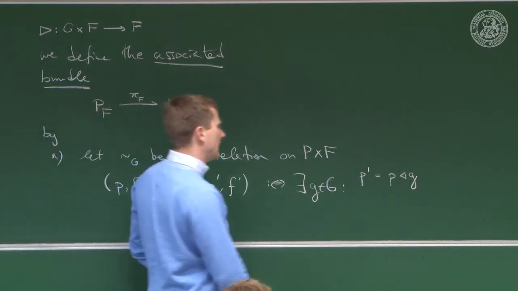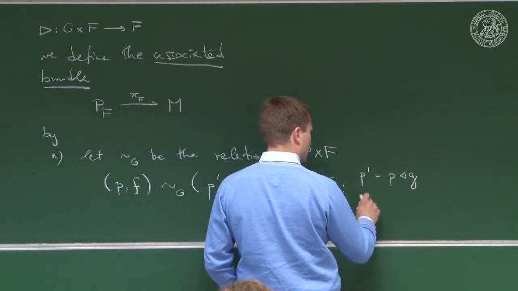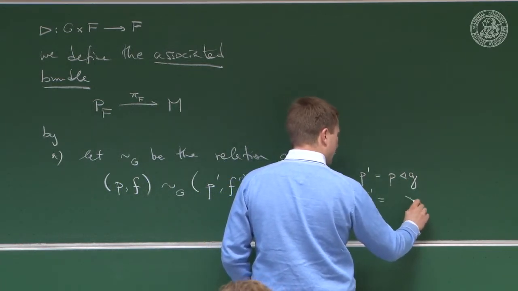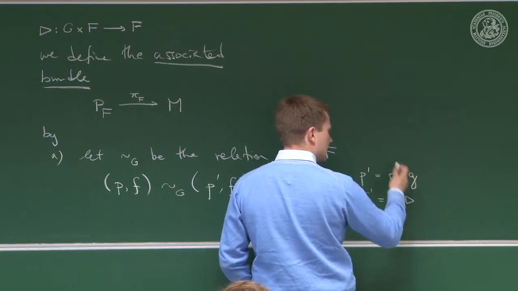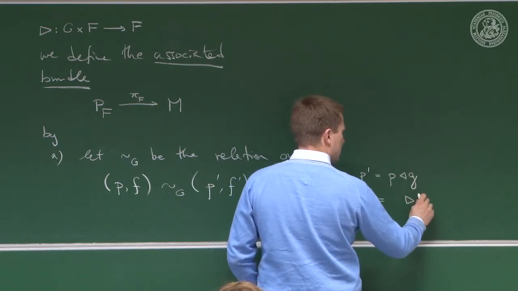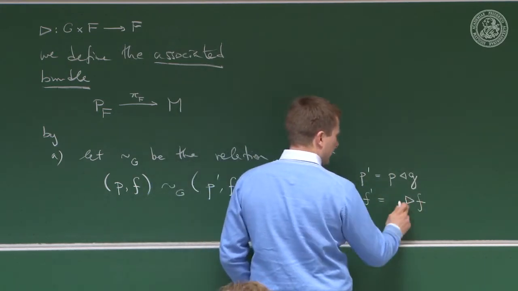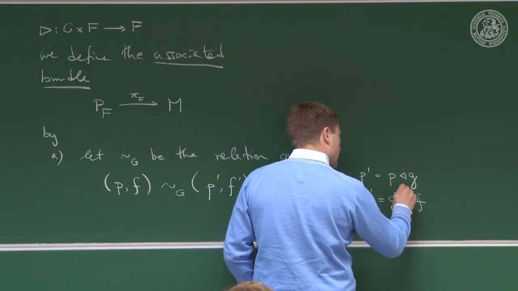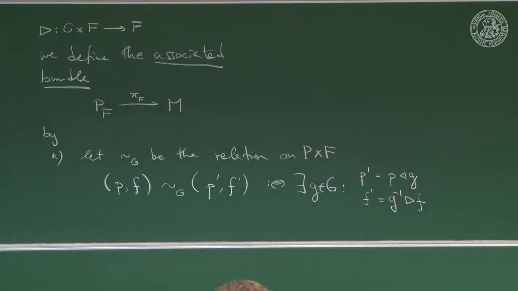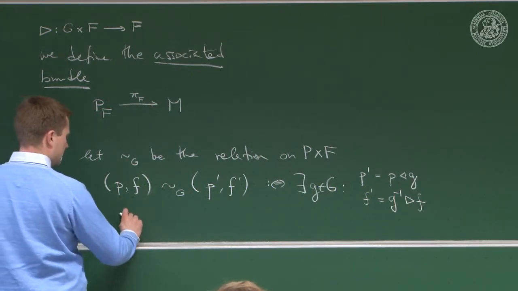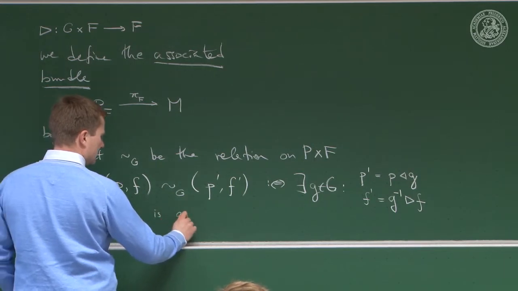Well, that's all we have. We have a right action on the big bundle space. And for f', however, we have a left action, so that goes the other direction. It's another map, acting on an element in this manifold F. But now we require that it's g inverse acting on that. Then you can quickly see that this ~_G is an equivalence relation.